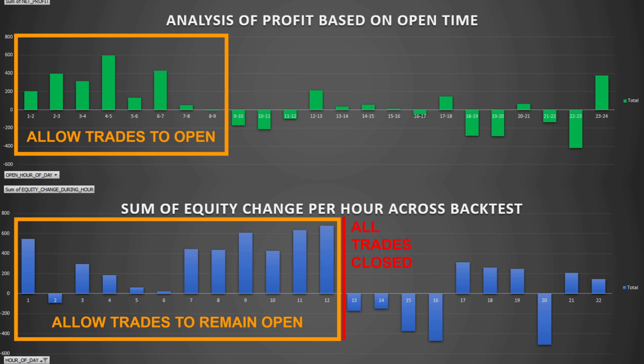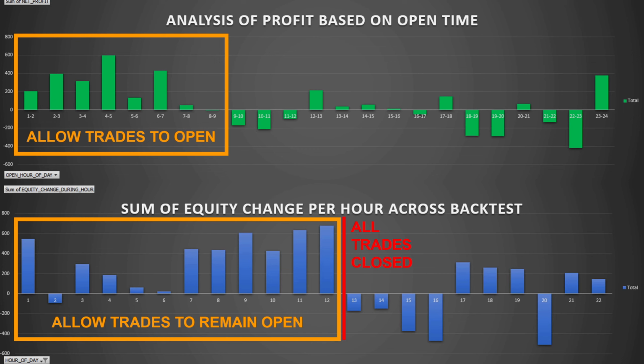I just want to make an important point here. The data that we're seeing here is relevant to the two strategies that we've been looking at, both of which are mean reversion strategies using overbought oversold conditions in the price action.